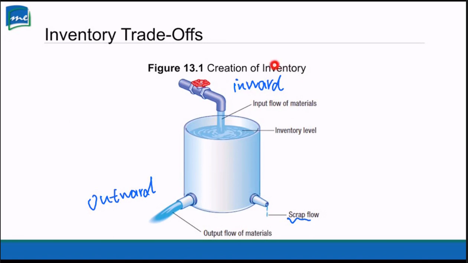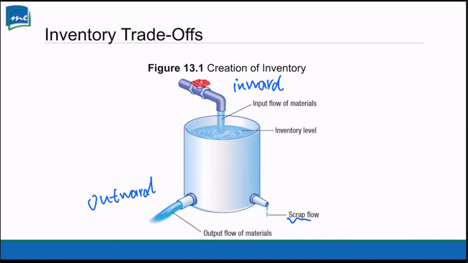So together, the difference between the input flow of materials and the output flow of materials determines the level of inventories. So this also gives you an idea about what inventory is and about the trade-offs of inventory.